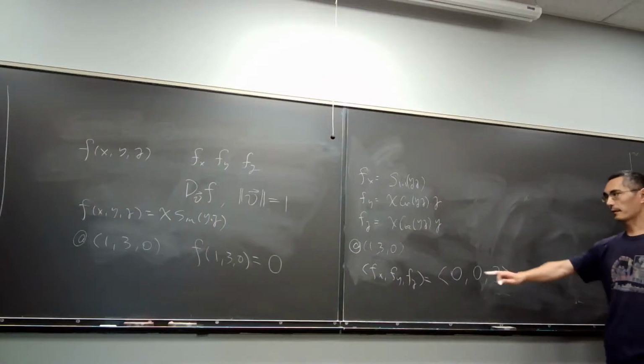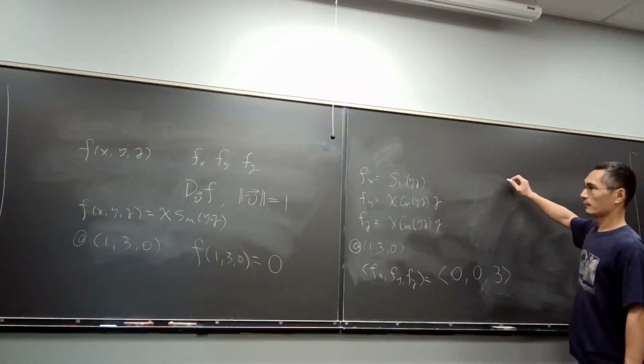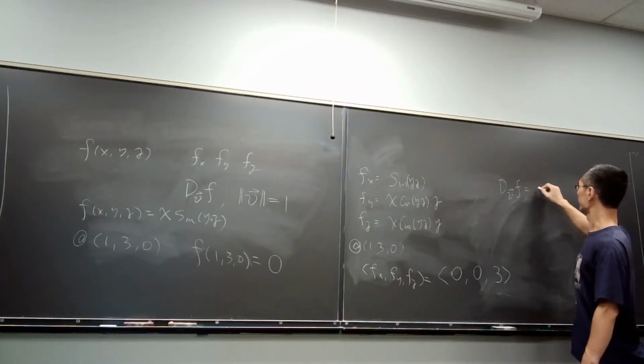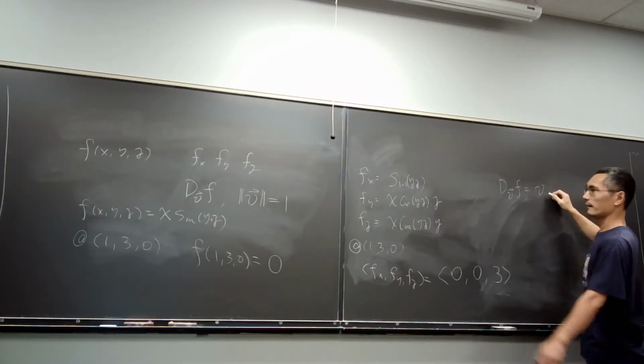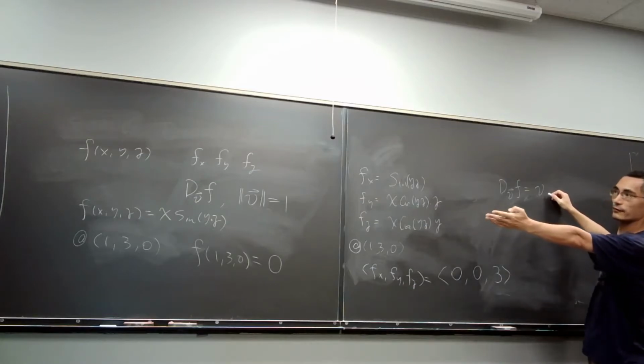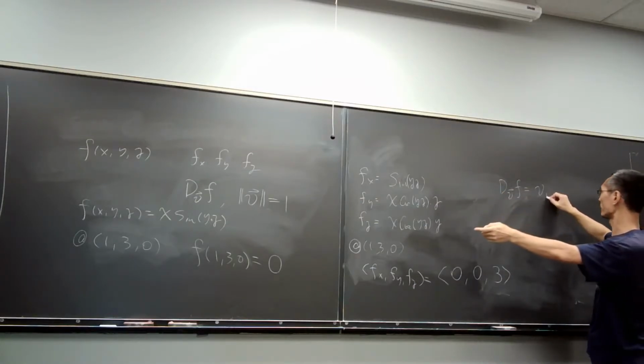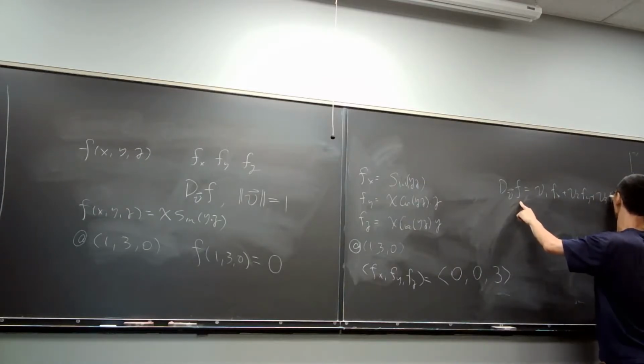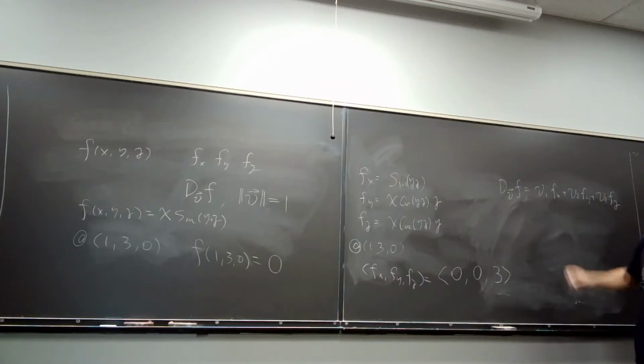But let me tell you why I put it in a vector form. Remember what we said about the directional derivative? I said it's v. Now, in this case, v has 3 components. I don't call them a, b, c, I call them v1. And then v1 fx plus v2 fy plus v3 fz, right? Do you notice this form is actually a dot product? Multiply and add.